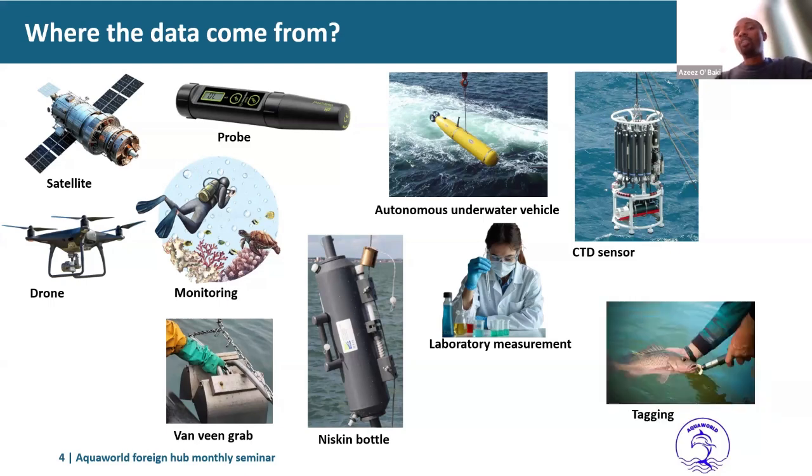Also from tagging, there is research dealing with tagging of fish, such as migratory fish and other aquatic organisms. This is to monitor them, and you can also secure data, and the data can be used for decision making.